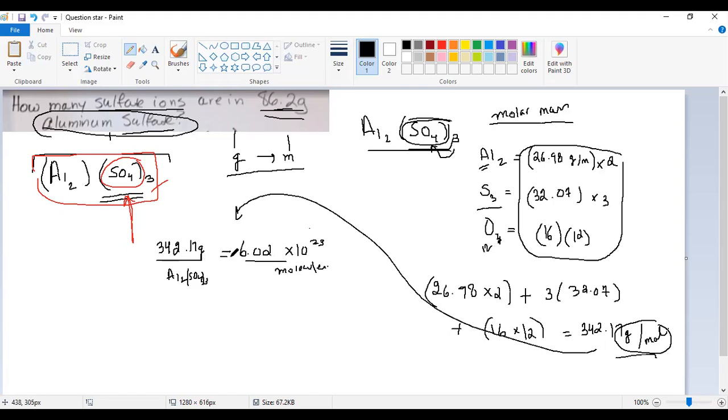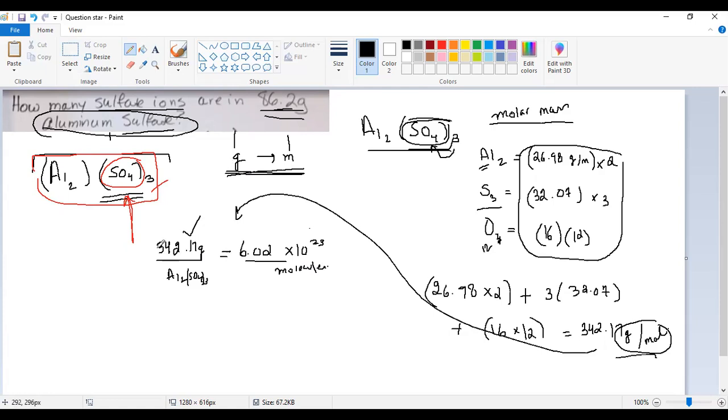So what this tells you is that you now have the proportion that we were talking about. In order to go from grams to molecules, we had to first go through grams to moles. And since we knew we were talking about a molecule, we knew that we could equate the mole to molecules.